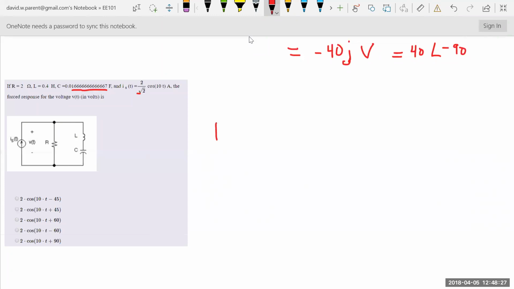I have a current source, and that's equal to 2 divided by the square root of 2 cosine 10t.